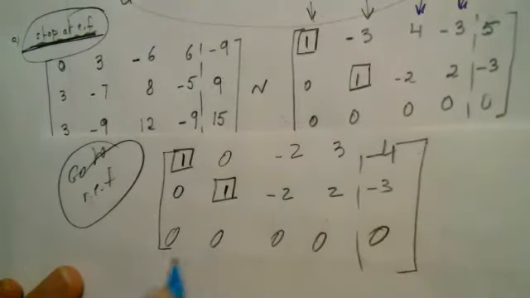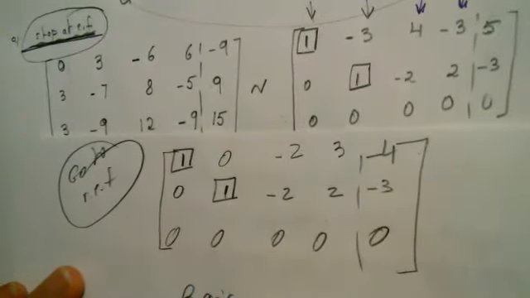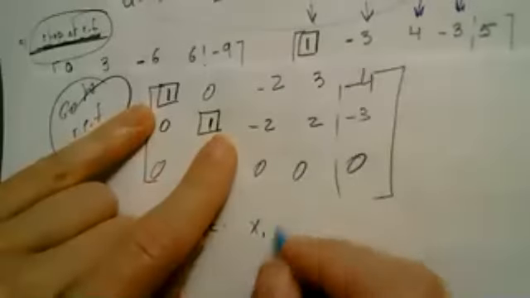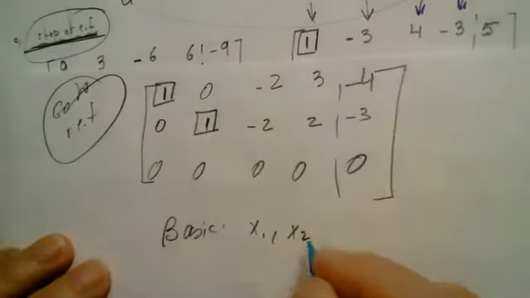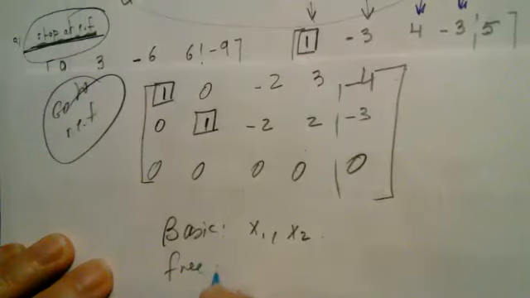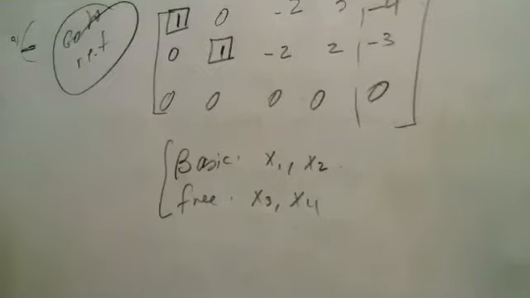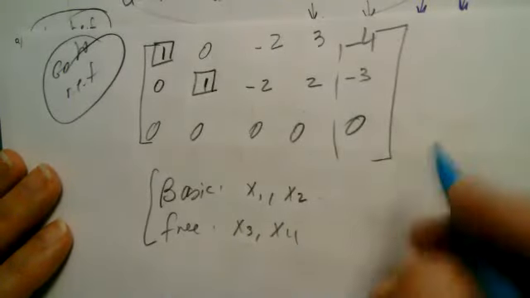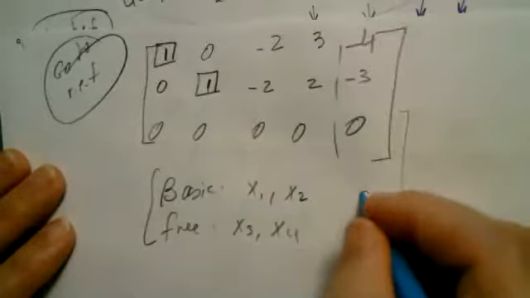I decide which are my basic variables, those that correspond to the leading entries. The free variables are the variables that can take any value I want. Those will give me the infinitely many solutions. And I write the system, crucial, the system that corresponds to that.